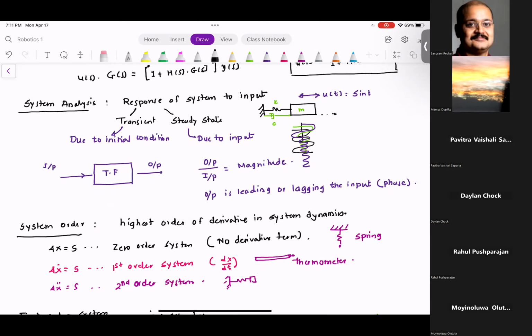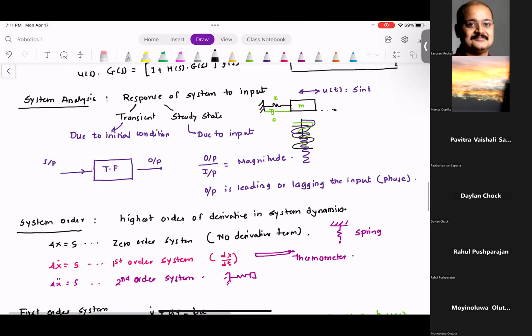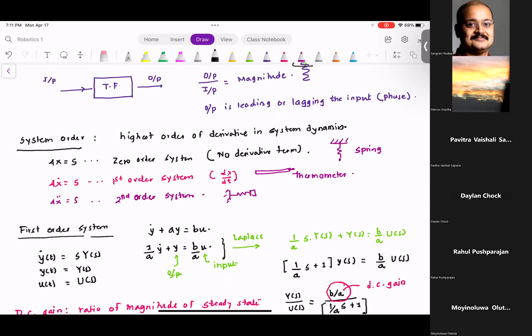If there is one derivative, it's a first order system. If there are two derivatives, it becomes a second order system. For a first order system, you have the concept called the time constant, you have the rise time, you have the settling time, and you can use these different analysis techniques or system criteria to design the particular system.